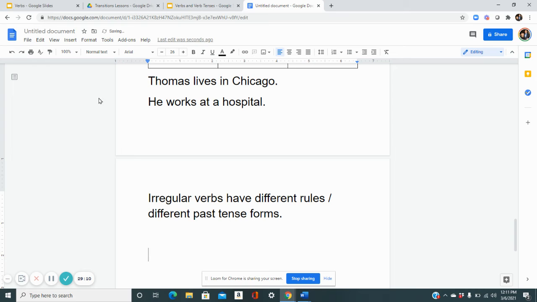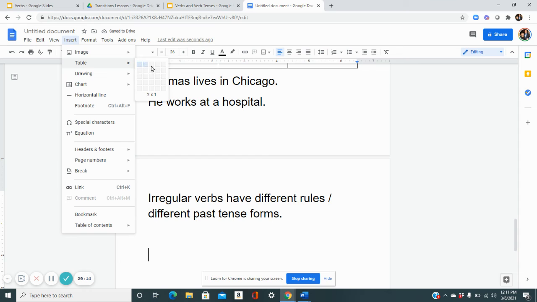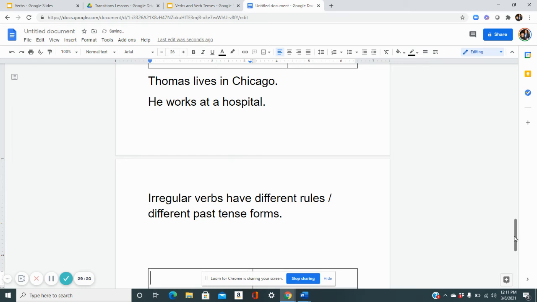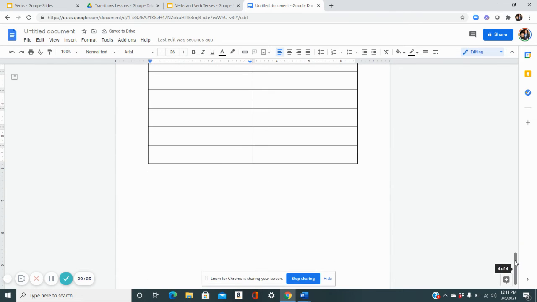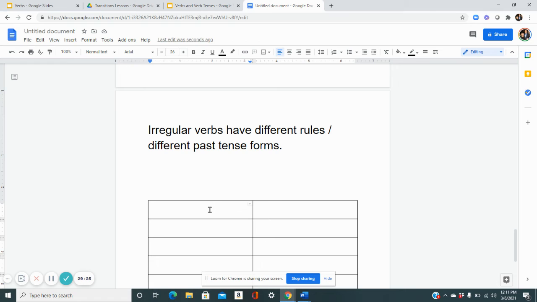Let me make another little chart, or table rather. This is going to be present tense, and this is going to be past tense. And these are all simple tense.